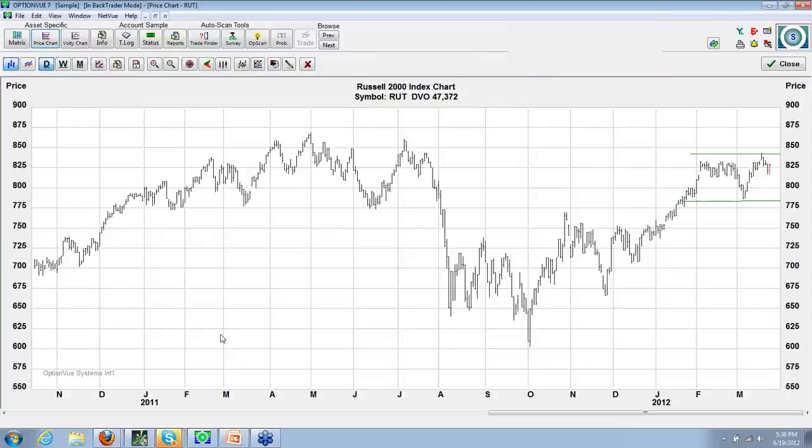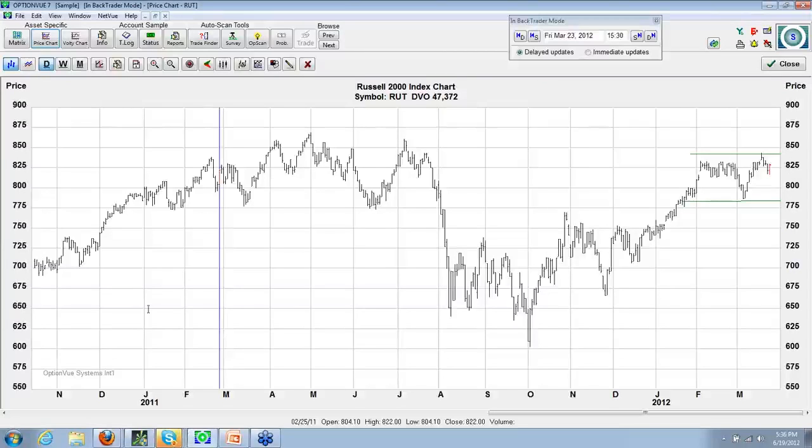But suffice it to say, it's not as bad as you think. One of the reasons is that Vega is a composite number, and it's more relative to how vertical volatility skews on the options than it is to your absolute Vega number. But volatility can hurt you a little bit. I'm not concerned about that.